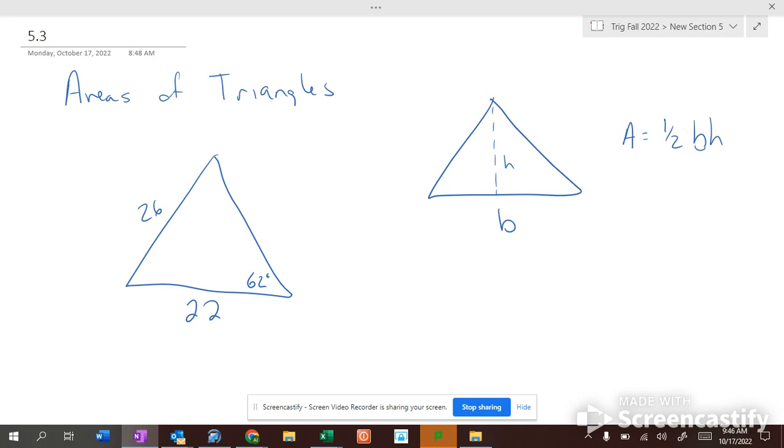Law of sines finds the area? I don't think so. You have to find the height, according to Andrew. And he couldn't be any more correct. He nailed this one. Yep, you have to find that middle.